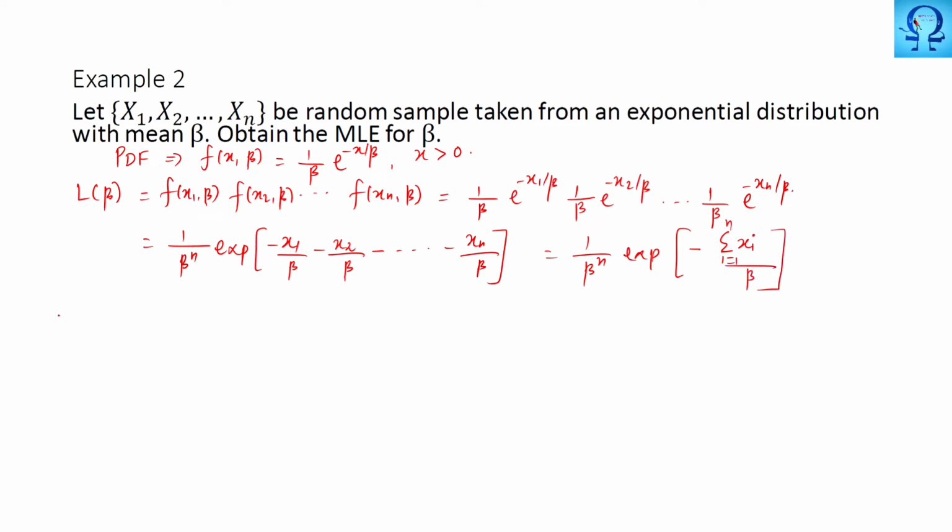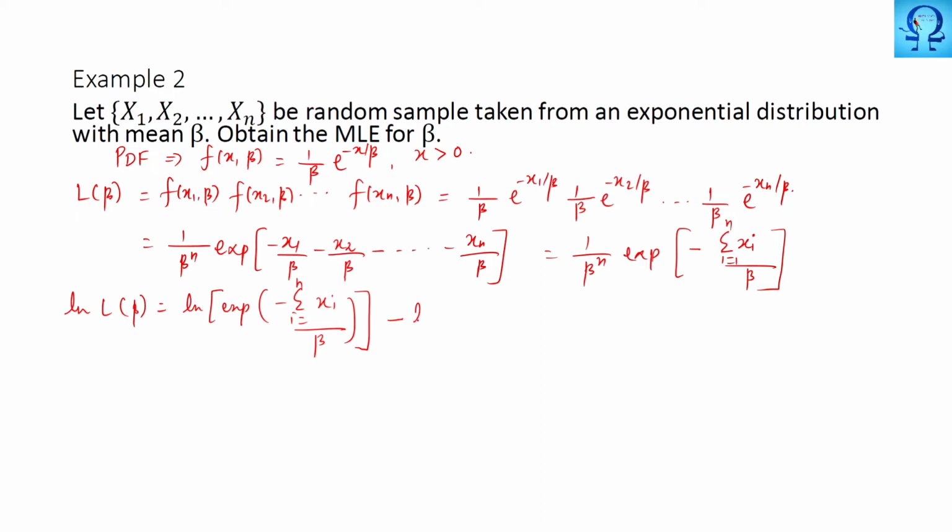Okay. Now let us take logarithm. Log of L of beta. So it is going to be log of exponential of that quantity. Okay. Let me write it explicitly. That is minus i runs from 1 to n xi divided by beta.